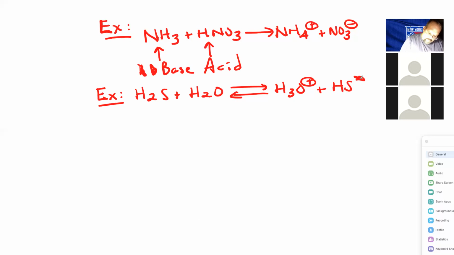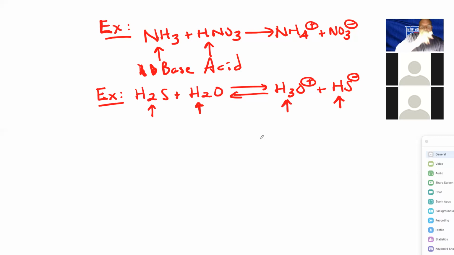So now, because I'm dealing with a double arrow, not only am I going to classify the reactants as acid and base, but since the products are going to react to reform the reactants, I want to classify the products as acid and base as well. Let's start with the reactants first.